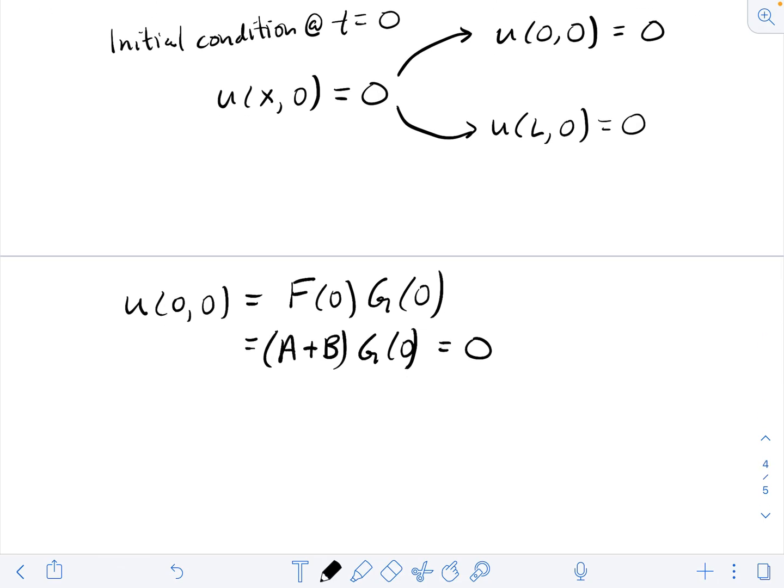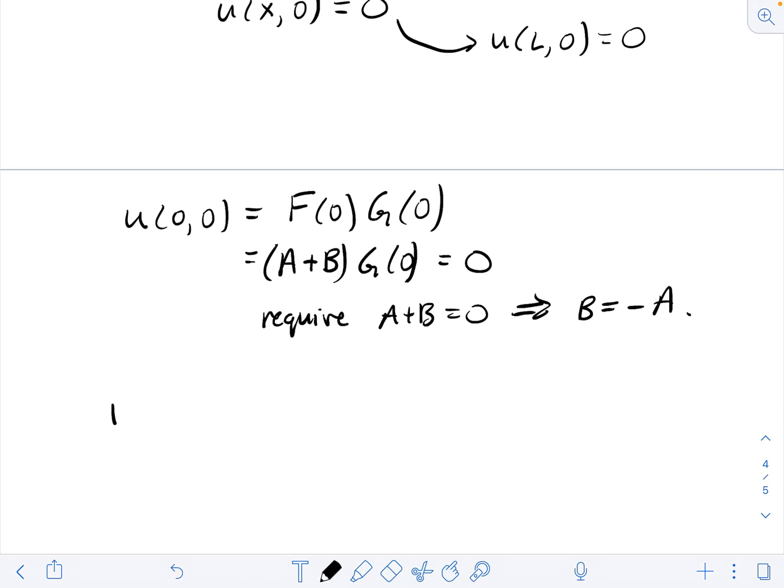We don't want to have to assume that g of 0 is 0, right? We haven't solved that differential equation. We don't know what the solution is going to be. So what we're going to require is that a plus b is equal to 0, or b is equal to minus a.